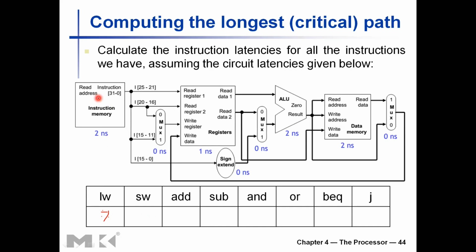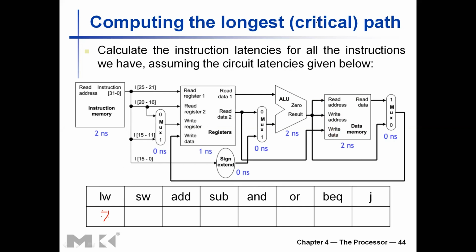2 nanoseconds to read, 1 to read the base address from the register file, 2 to add the base address and the immediate offset in the store word instruction. Then writing of the data memory happens at the end of the clock cycle.